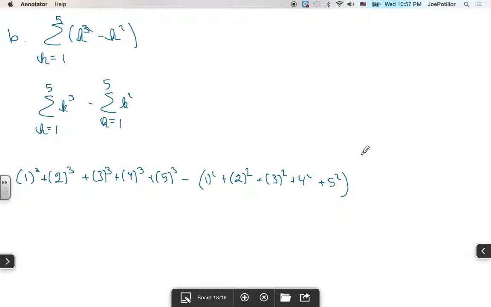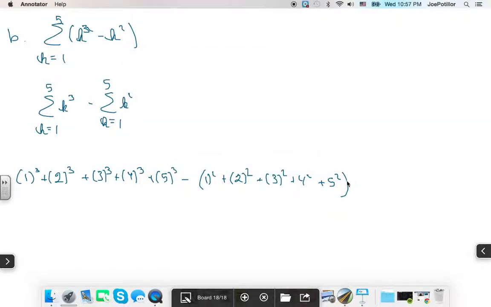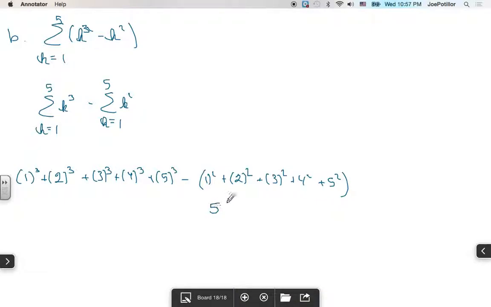And if you can do this arithmetic really quickly, 16 plus 9 is 25, 25 plus 25 is 50, 50 plus 4 is 54, plus 1 is 55. Minus, do this really quickly.